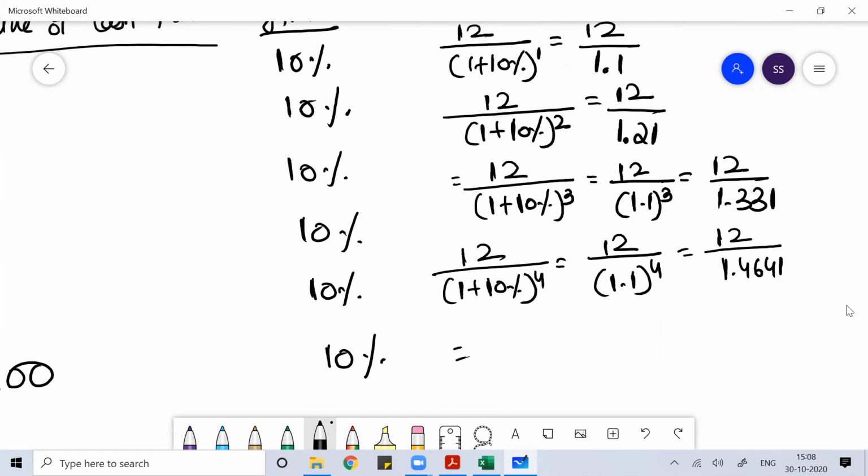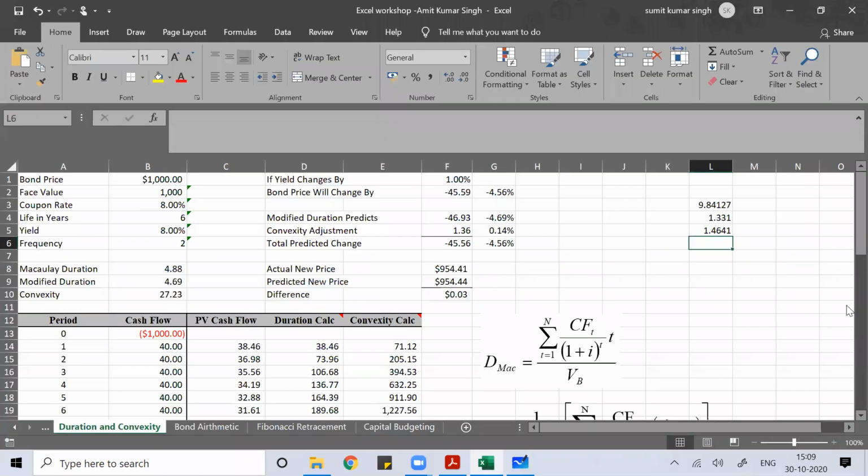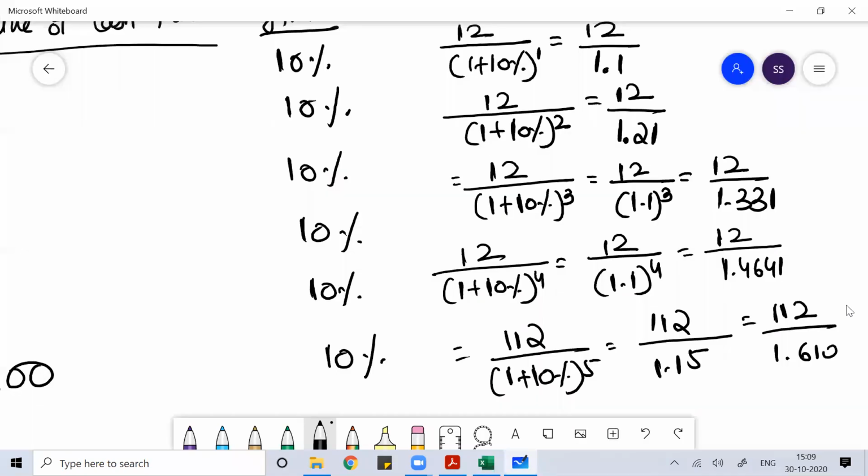Then 112 divided by 1 plus 10% to the power year 5, that is 112 divided by 1.1 to the power 5, which is 1.6105.